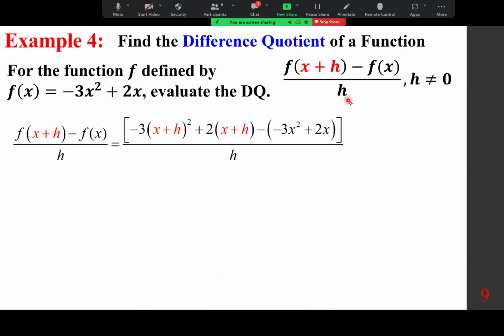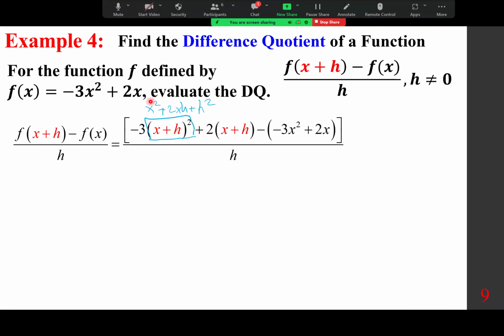This plays a huge part later on in math and calculus. So we are going to simplify this by raising this to the second power. This is x squared plus 2xh plus h squared.